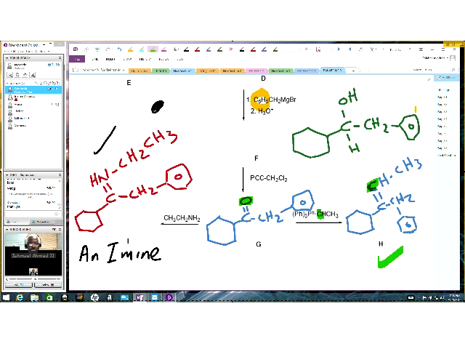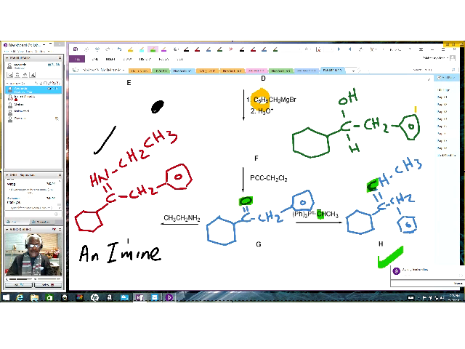Yes. You're asking for the reaction mechanism. What happens in this particular reaction here? This reaction is catalyzed by acid.